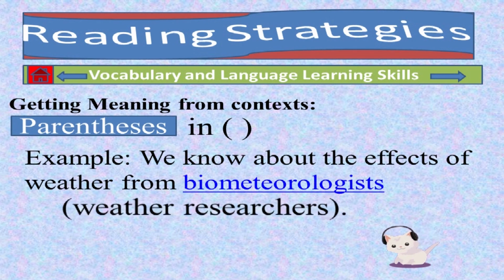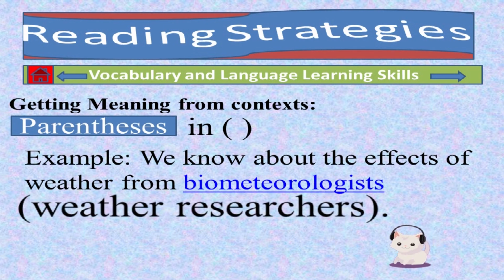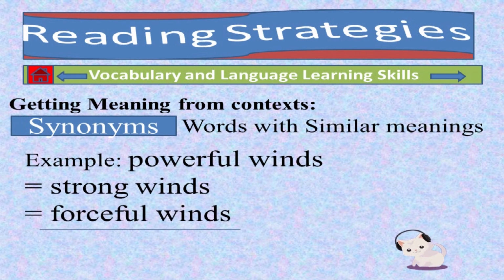Here, biometeorologists is the same sense as weather researchers. That's put in parentheses. As mentioned above, synonyms are words or phrases with similar meanings. For example, powerful, strong, and forceful are synonyms of each other.